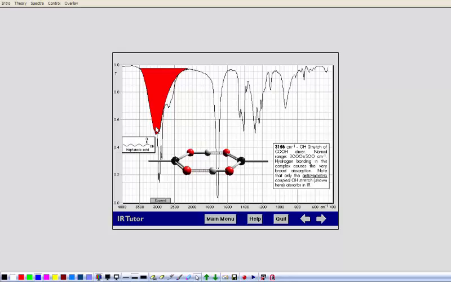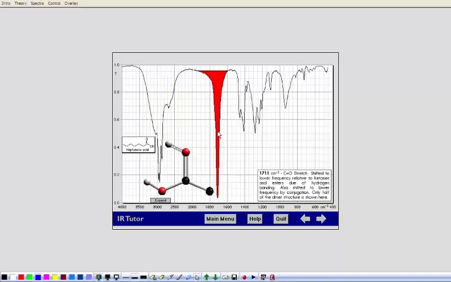In that case, the peak gets shifted down towards 3000, and you end up seeing the OH peak run into the alkane peaks. You still see the carbonyl at 1700, but you also see the OH shifted down. So carboxylic acids tend to have this general appearance, and I would bet that somewhere in the homework set there's a spectrum with this general appearance, and that's going to tell you it's a carboxylic acid.